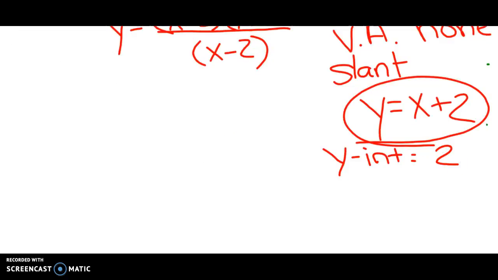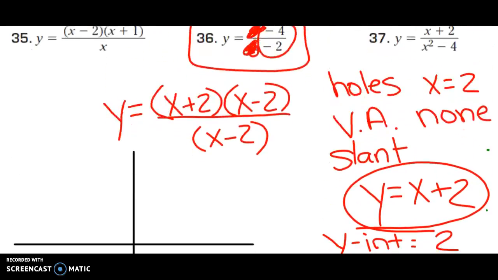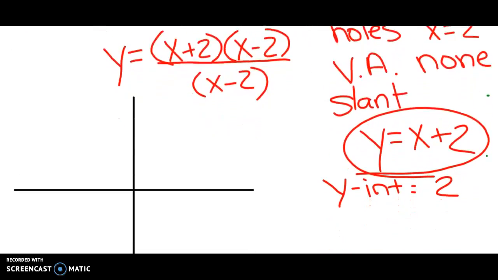So now let's go graph it. Okay, let's go from the very top. We can't do a vertical asymptote because there isn't one. So we're going to move on to our slant asymptote, y equals x plus 2.